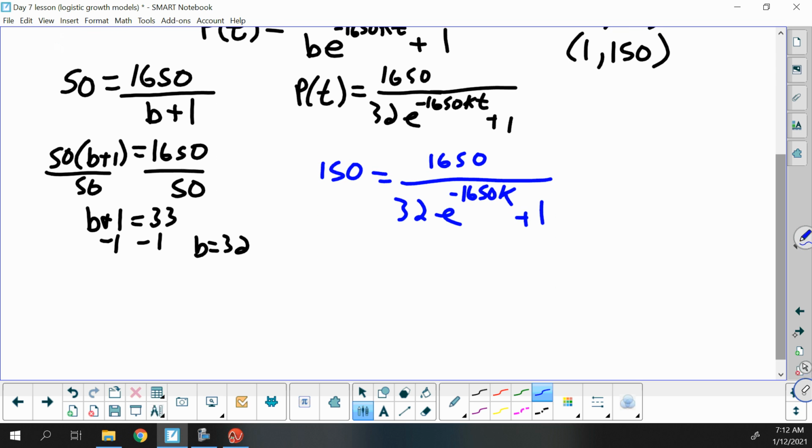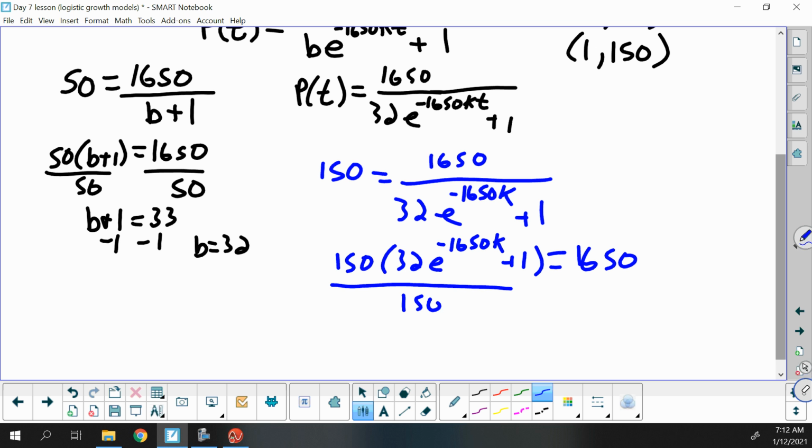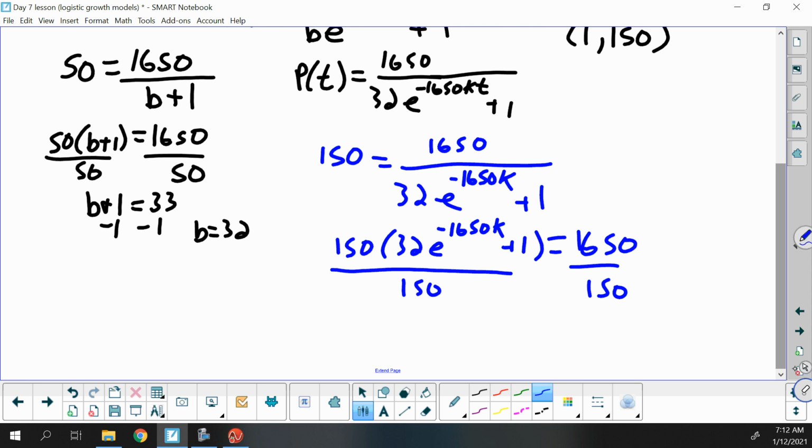So similar idea, we are going to multiply the denominator over. I would suggest not distributing it. We can divide the 150 over, and that's going to give us 11 equals 32e to the minus 1650k plus 1.